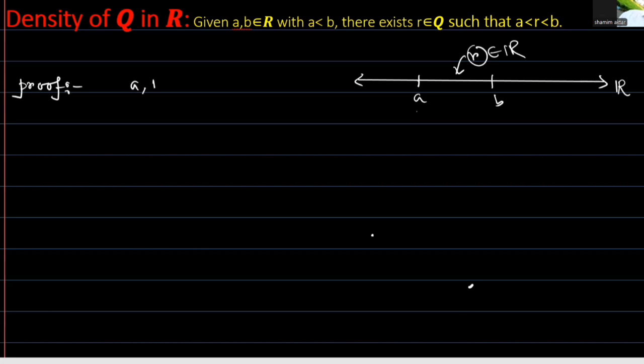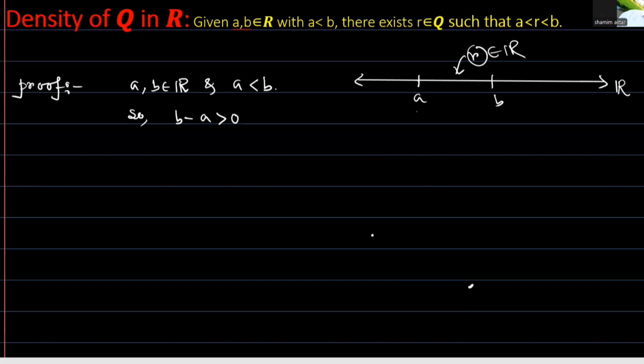Suppose A and B are real numbers and A less than B. So B minus A is greater than 0.